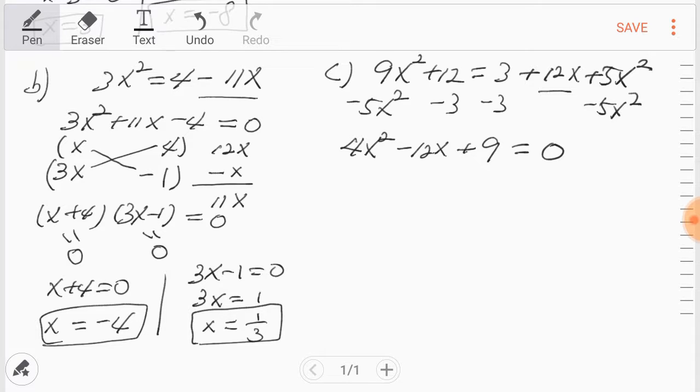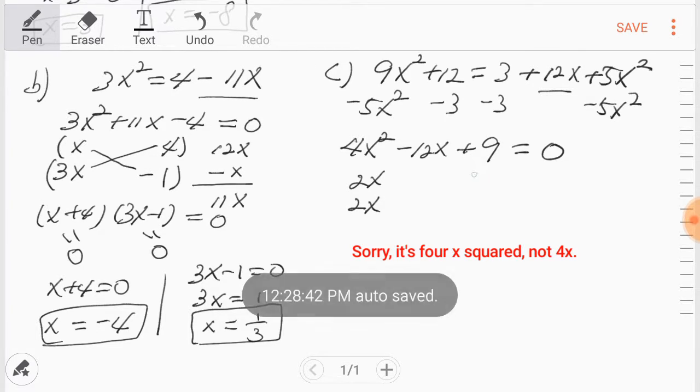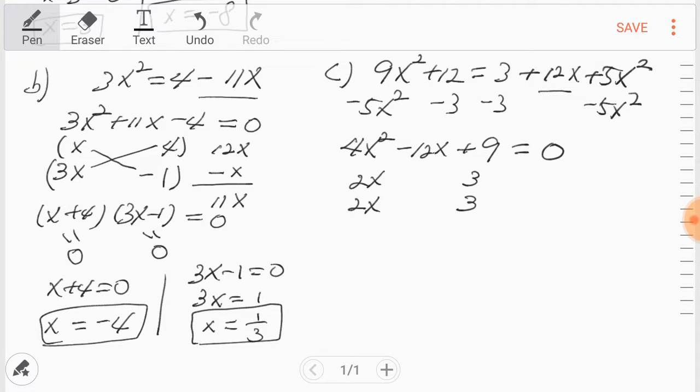All right, so this equation has the right-hand side 0, so we can factor the left-hand side. Okay, for 4x squared, we can try 2x and 2x. So 2x times 2x is 4x squared. How about 9? We can try 9 as 3 times 3, and both negative. Both negative, that becomes positive. Negative 3 times negative 3 is positive 9.